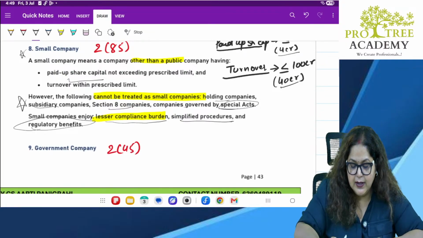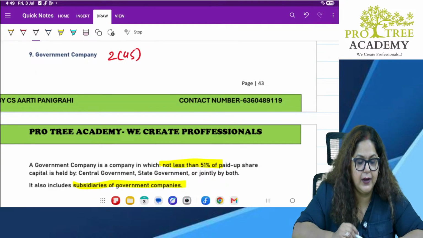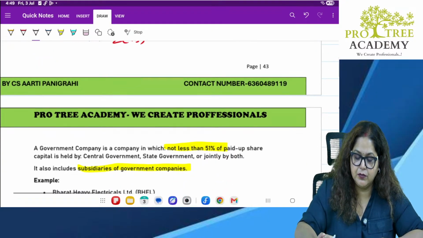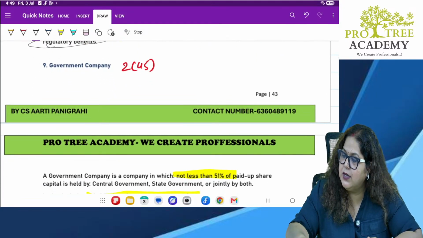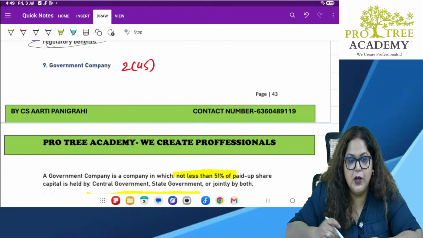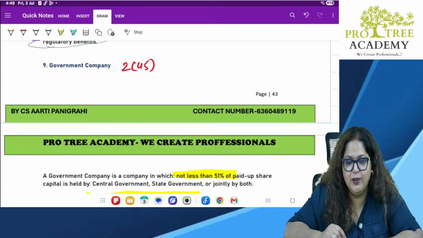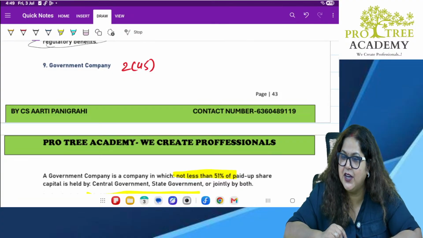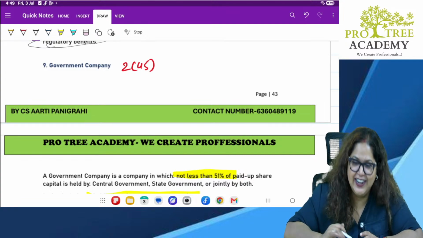Yes. The next company is the government company, section 2, subsection 45. Government company is what? Section 2, subsection 45. Small company, section 2, subsection 85. Private company, section 2, subsection 68.